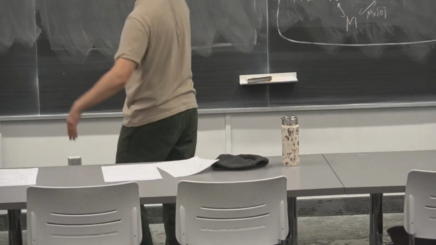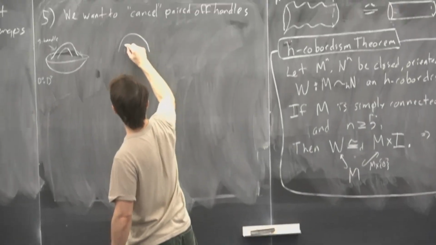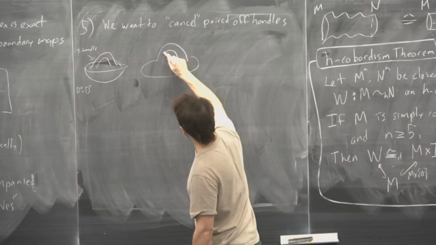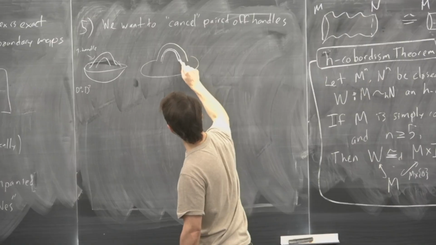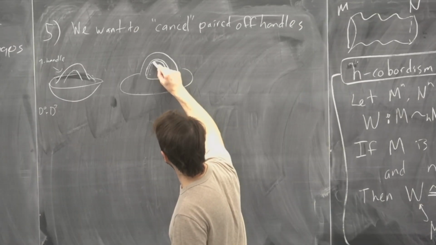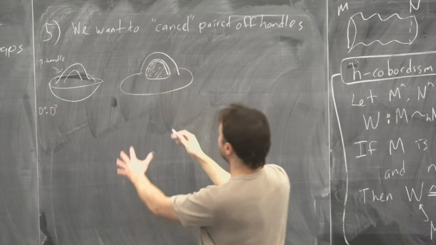So in pictures, it would look kind of like this. We've got one handle attached to what would be a manifold, and then we just come along with a two handle, reversing the one handle, going underneath, it's thickened, right? So we just fill in this hole. That goes behind.